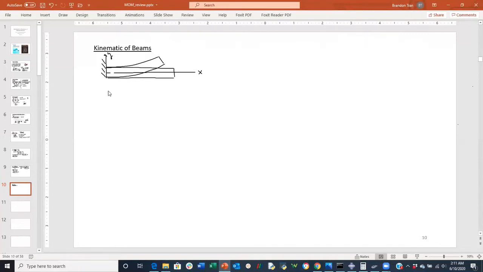If the beam were to bend like this, in a top-down direction, the z-axis would be here, so the y would be coming towards us. We would assume that it is bending in the positive y direction here.